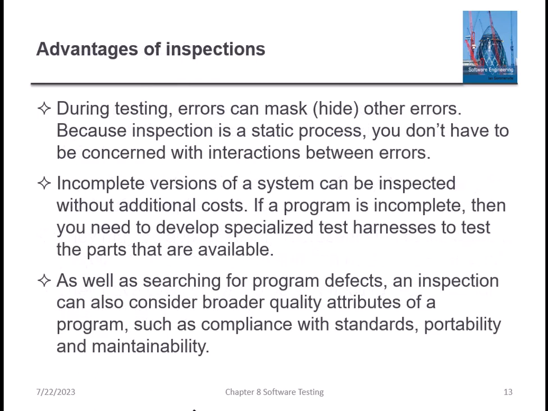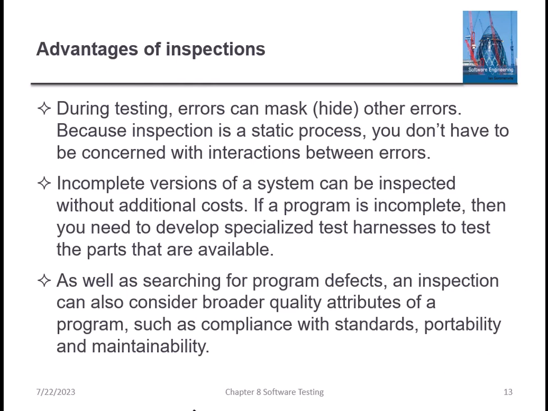Advantages of inspection: during testing, errors can hide other errors. Because inspection is a static process, you don't have to be concerned with interaction between errors. An incomplete version of the system can be inspected without additional cost. This is the big advantage: we don't need an independent tester on high wages, so the cost is reduced, and more and more defects can be found using inspection.